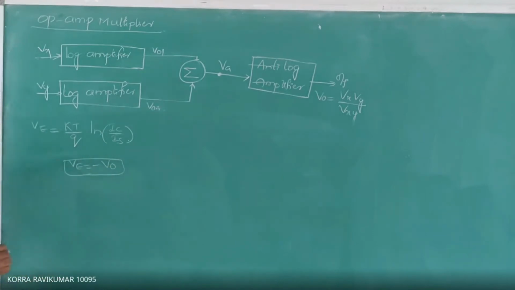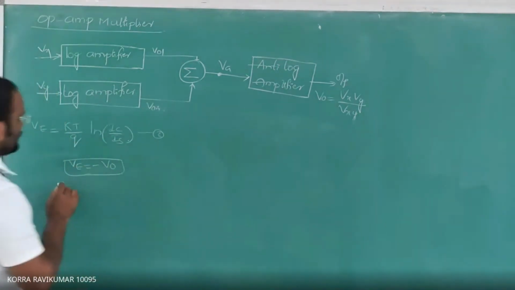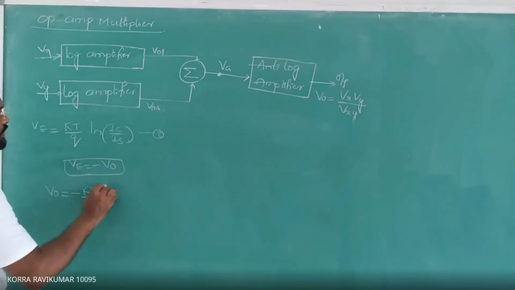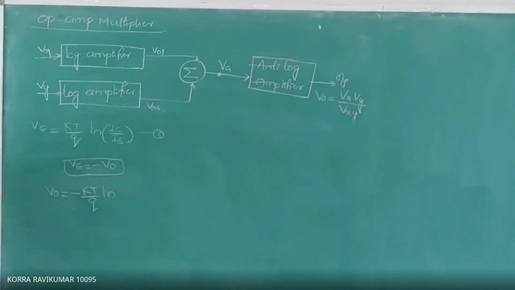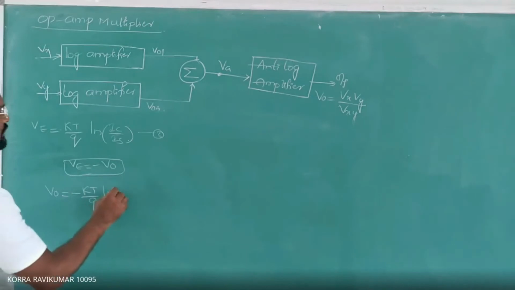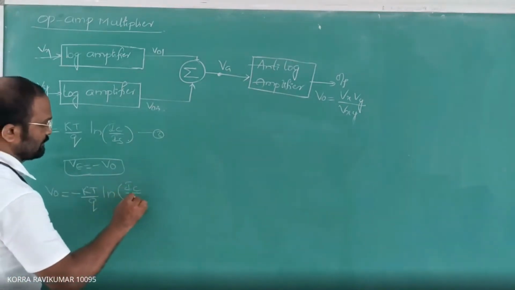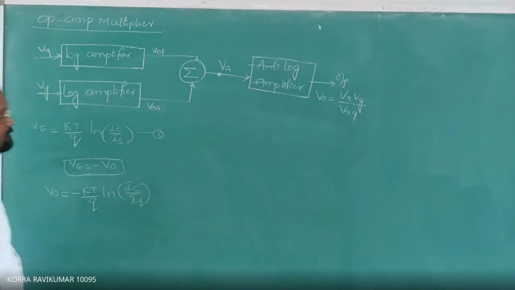This is well known. Substitute in this equation, equation number 3. Then V naught is equal to minus KT by Q into natural logarithm of IC by IS, moving the negative sign to the RHS.